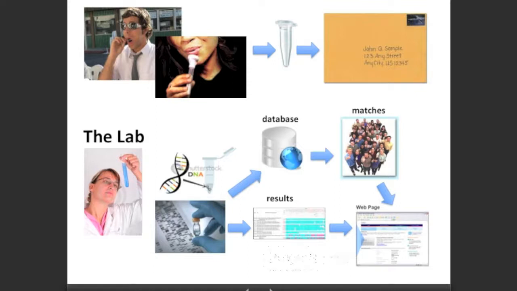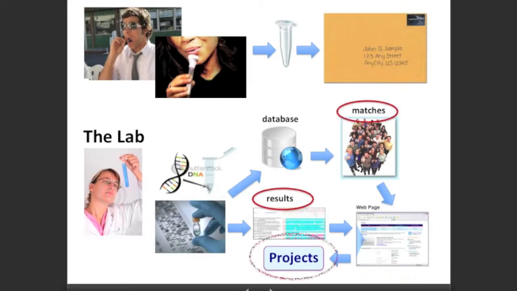And then they give you the option of joining projects that are relevant to your own particular surname, your own particular genetic signature. So that's a brief overview of the DNA testing process, and we'll be focusing on the results, the matches, and the projects today.